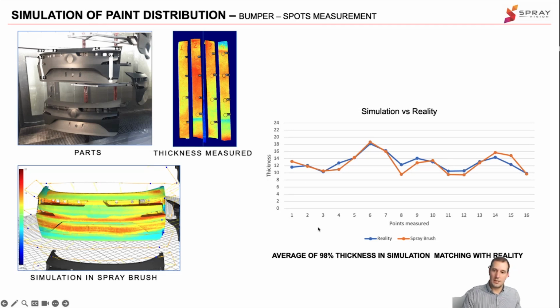So we took 16 points on the bumper, measured them on these tapes, and here you can see the plot comparing the real measurement and output from the spray brush. These results were published at the last Surcar in Cannes, together with our great partner.